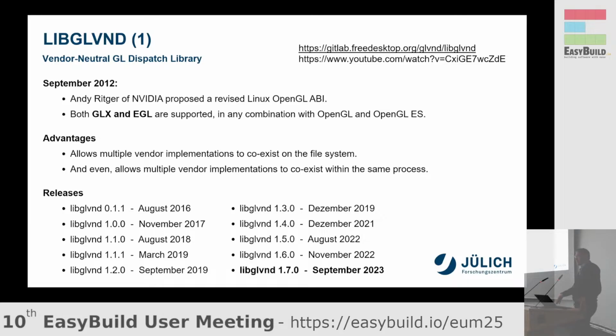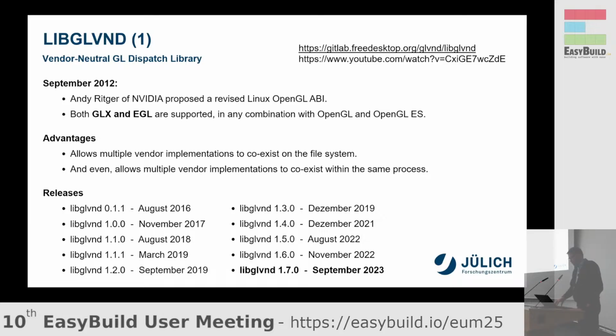It has the advantage that it allows multiple implementations to coexist on the file system, or even multiple vendor implementations to coexist within the same process. So we can now have Mesa and the drivers from NVIDIA on the system at the same time, and switch between these on the fly.